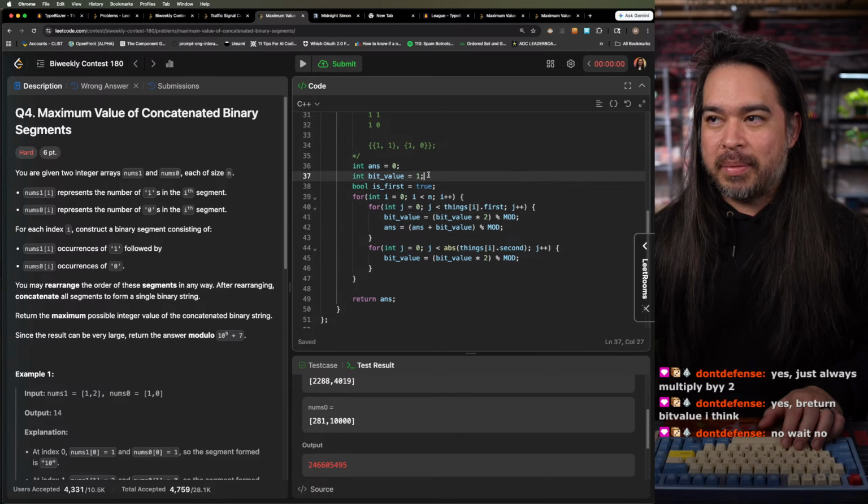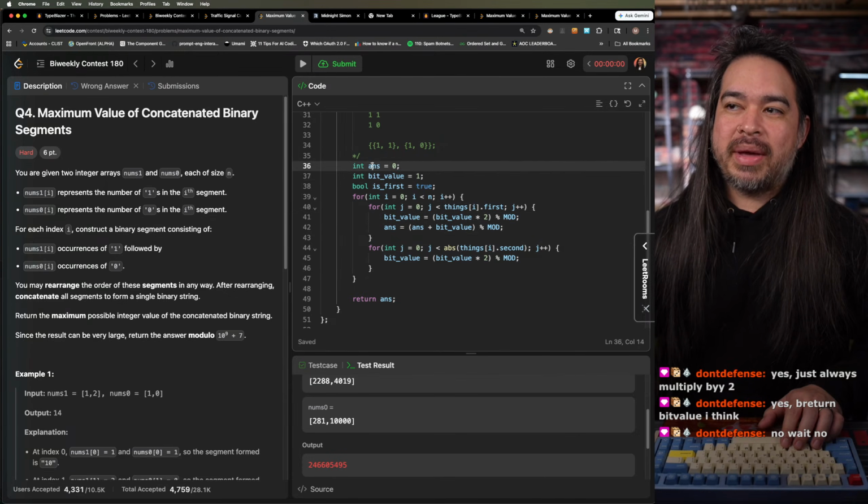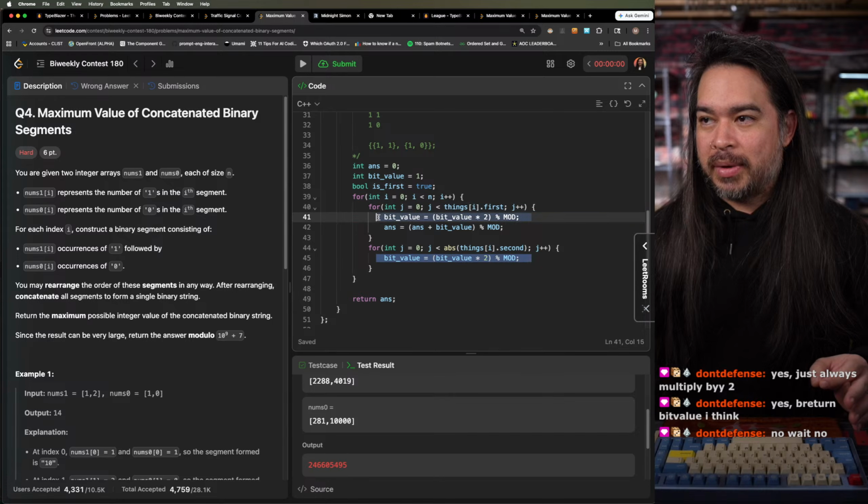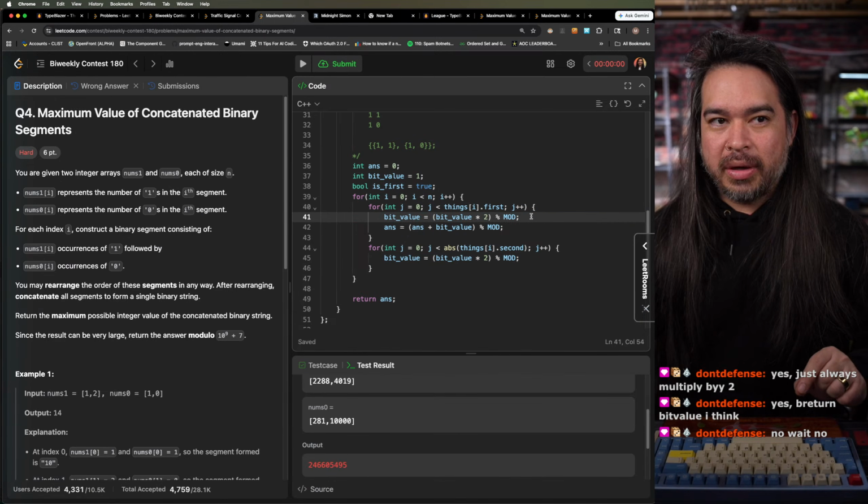Like, this ain't right, man. All right, my bit value is not my answer. My bit value is the value of the bit at that position. And I'm doing the weird mod thing to figure out what it is.